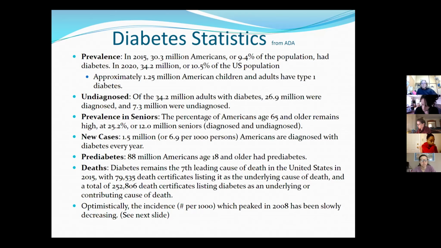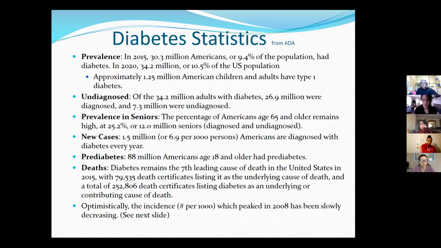A lot of diabetics have been diagnosed, and in fact, the majority of that 34.2 million people have been diagnosed with diabetes. That is, they meet the diagnostic criterion. But there is another group of diabetics that are undiagnosed. 7.3 million of these active diabetics right now do not know they're diabetic.